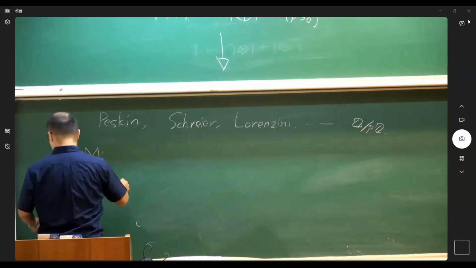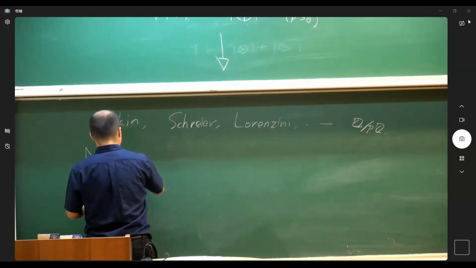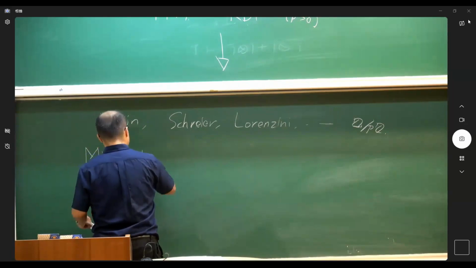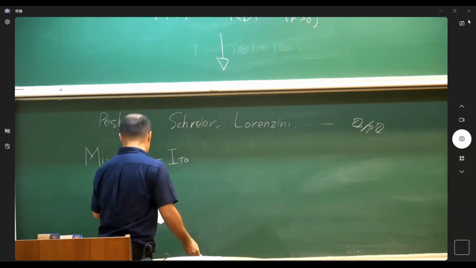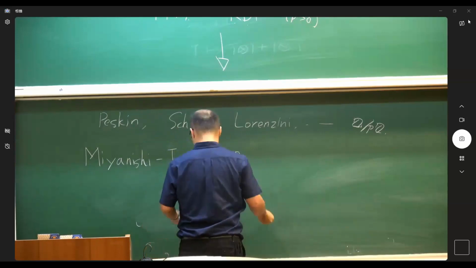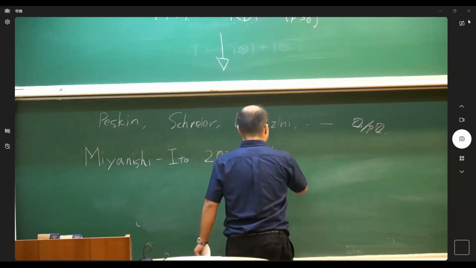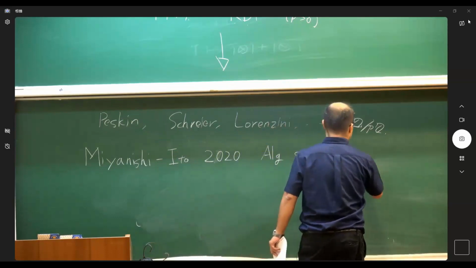Miyanishi and Hiroki Ito published a textbook on these singularities, algebraic surfaces in positive characteristics.